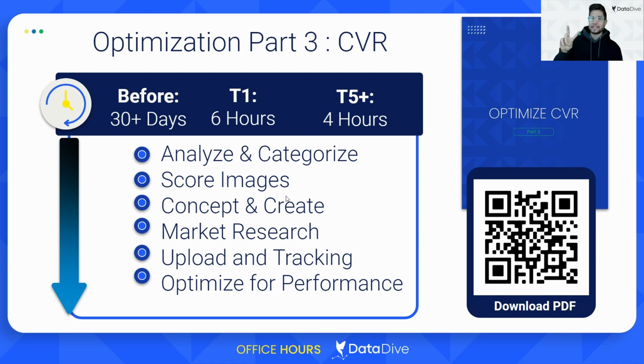We have 2 different tests. We have a 3-point scoring system, and we have a comprehension score. Once you've analyzed, categorized, and scored all of the images, you're going to have a really good idea of what's going on in your niche currently. And hopefully by this point, you're going to have a really good lay of the land. And concepting out your images should be really easy.